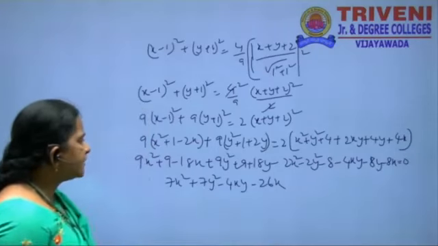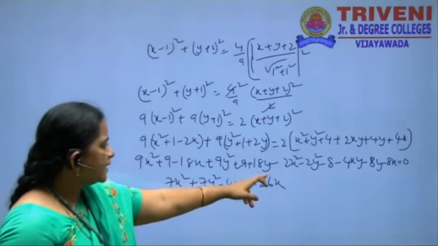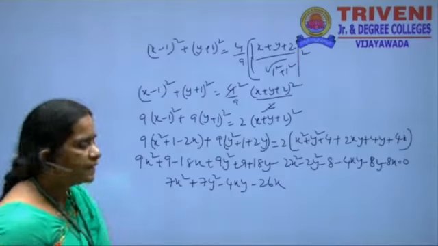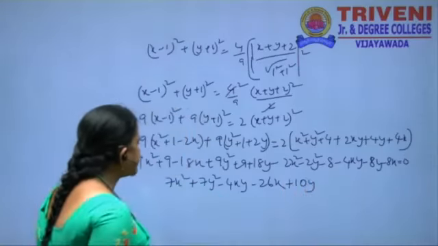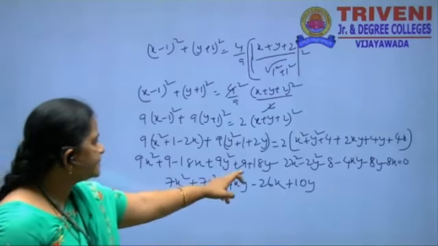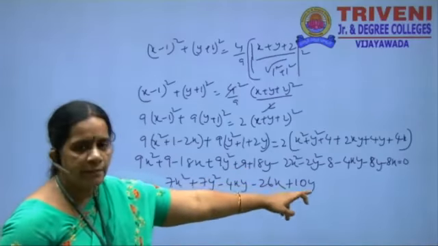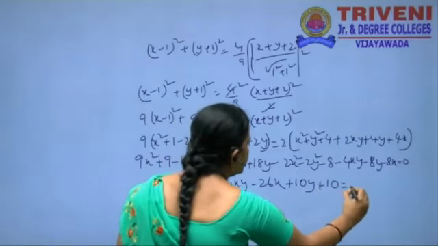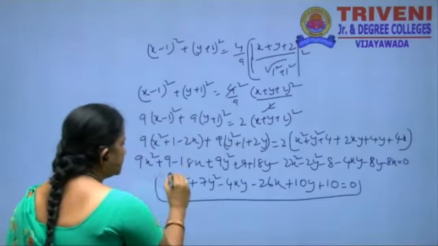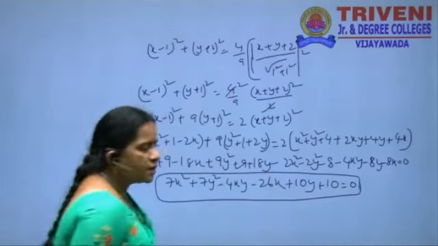The y terms are 18y minus 8y, that is plus 10y. The constant terms are 9 plus 9 is 18, 18 minus 8 is 10. So 7x square + 7y square − 4xy − 26x + 10y + 10 = 0. This is the equation of the ellipse.